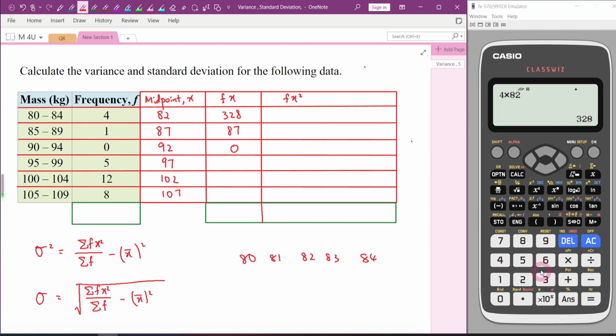So 5 times 97, 485. 12 times 102, 1224. And the last one, 8 times 107, 856.